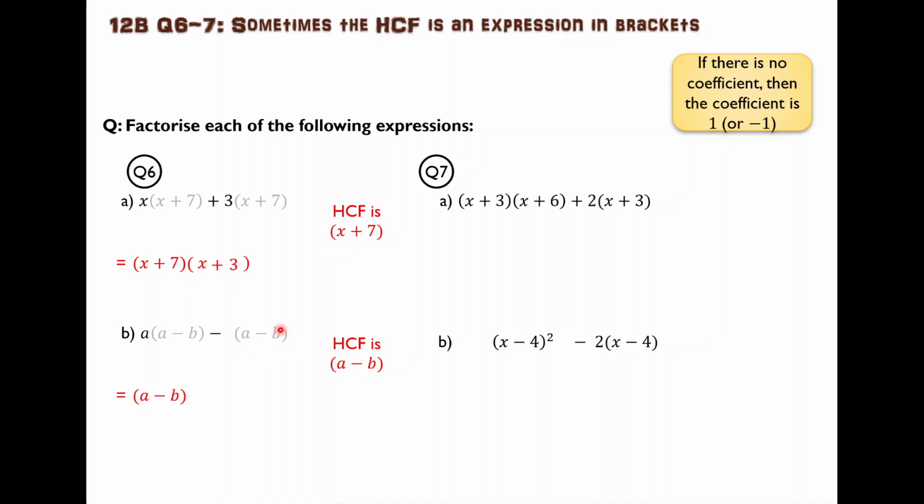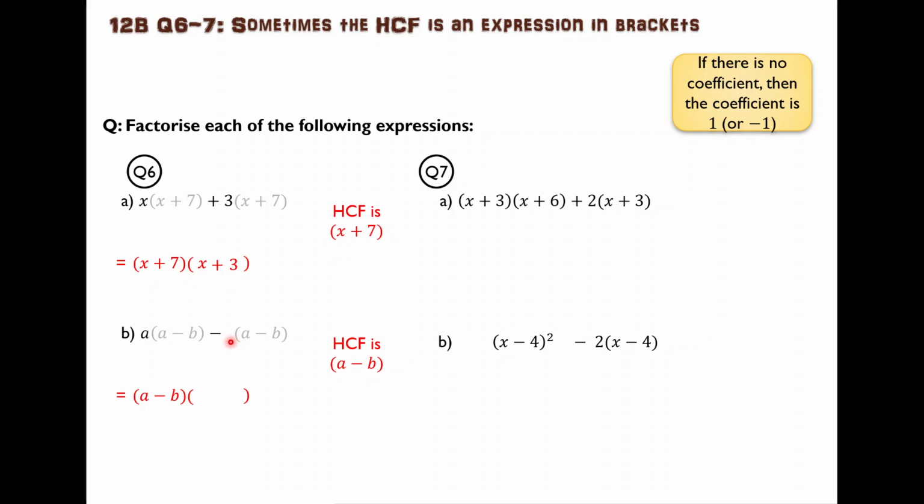First, let's take the a minus b out to the front, and then we'll have our brackets. In this term here, the a minus b will disappear because we're taking it out the front, and the only thing that will be left is a. So an a will go here. And in this term, there was nothing left out the front. Do you notice that? It would just be a minus what?